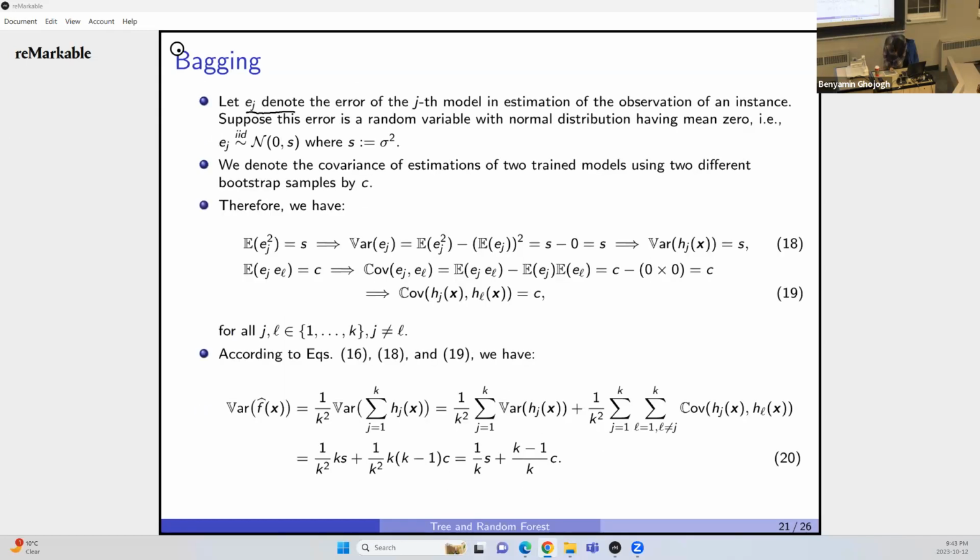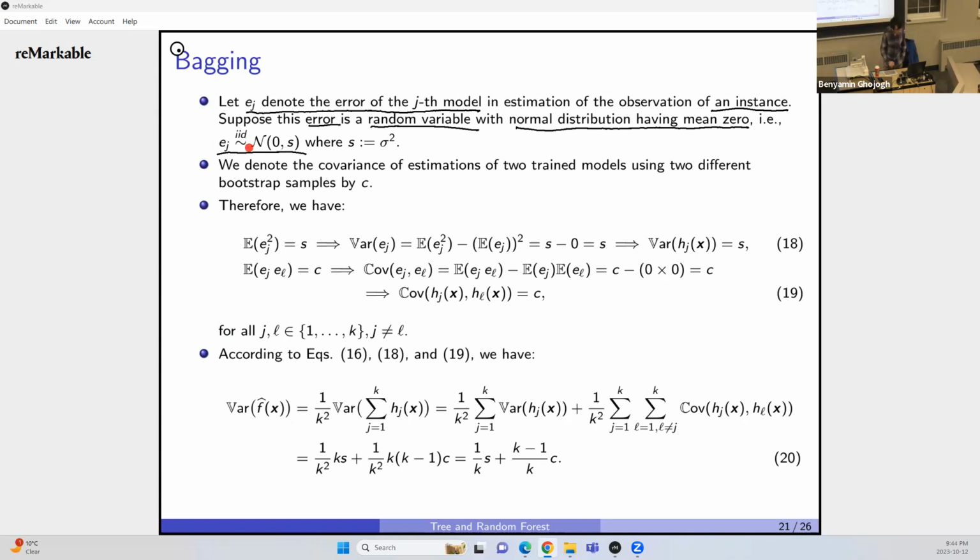Let Ej denote the error of the jth model in estimation of the observation of an instance. Suppose this error is a random variable with normal distribution having mean 0. We have several models, and Ej is the error of the jth model.